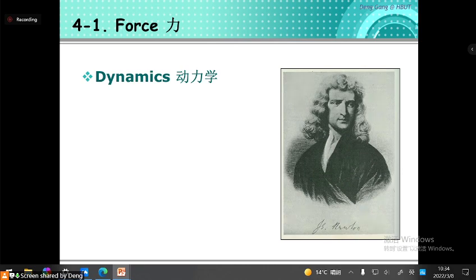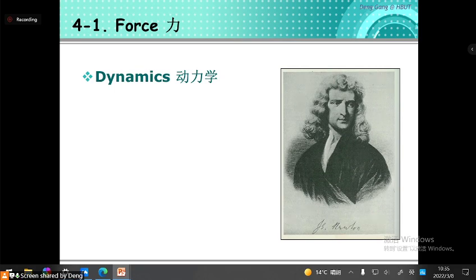We know, okay, I push this, I apply force on this object. We can describe this as a force, but we cannot describe it with a scientific definition. We just know a rough image.